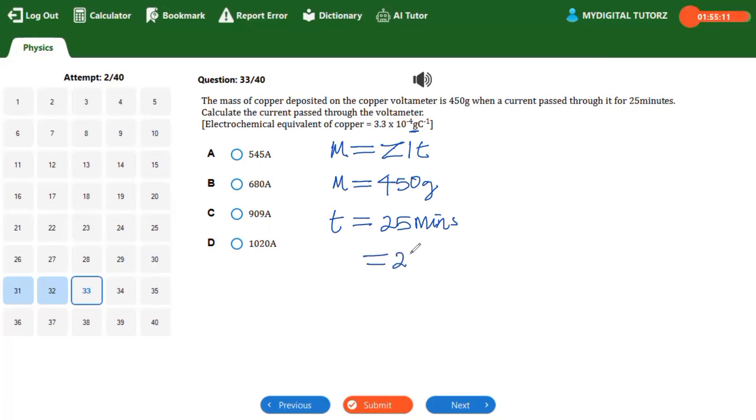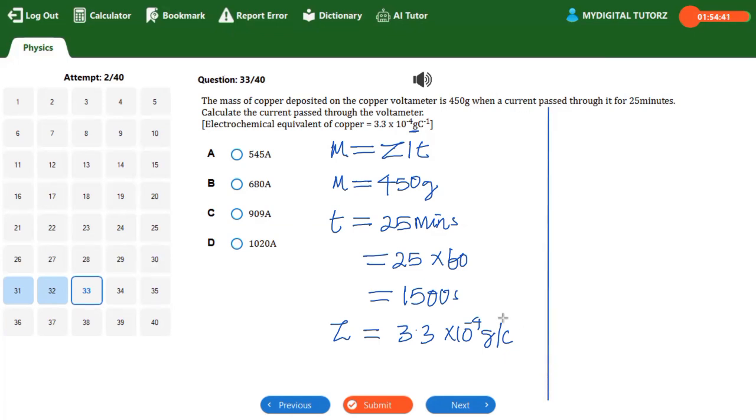And how do you do that? 25 multiplied by 60, which should give us 1,500 seconds. And we are given that Z is equal to 3.3 times 10 raised to power minus 4 joule per coulomb. So then the next thing is to plug in our values and simplify.